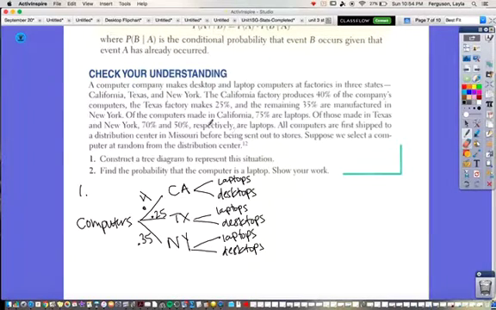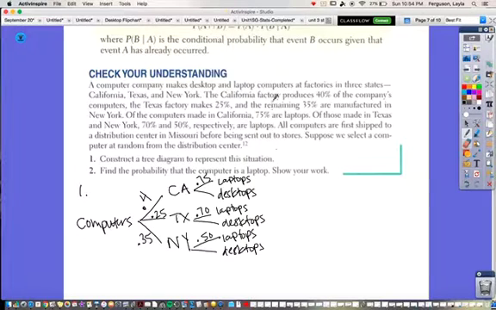All right, so of the computers made in California, 75% are laptops. So right here would be 0.75. Of those made in Texas and New York, 70% are laptops from Texas, and 50% are laptops from New York.